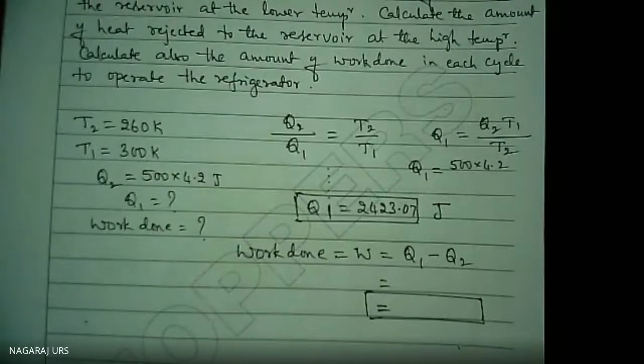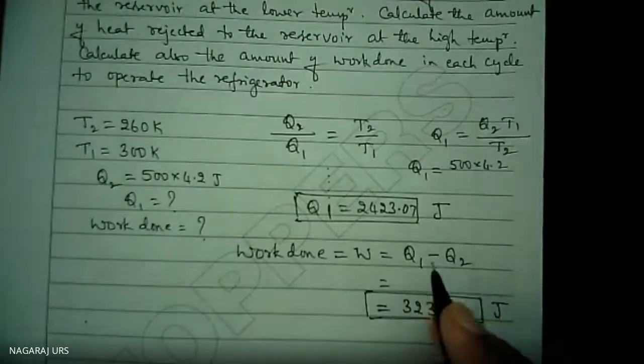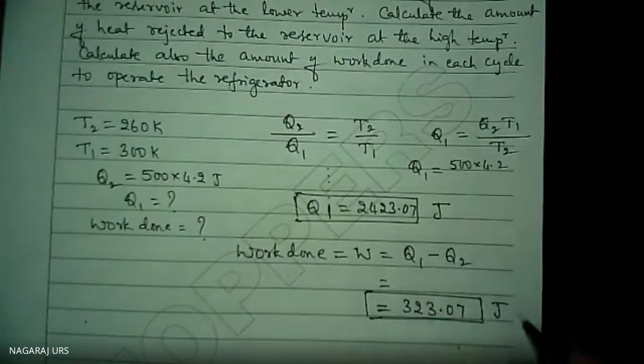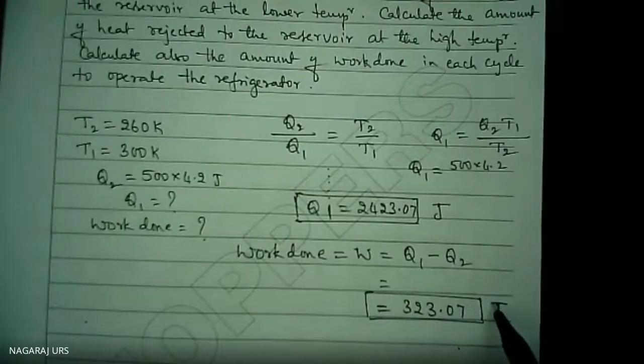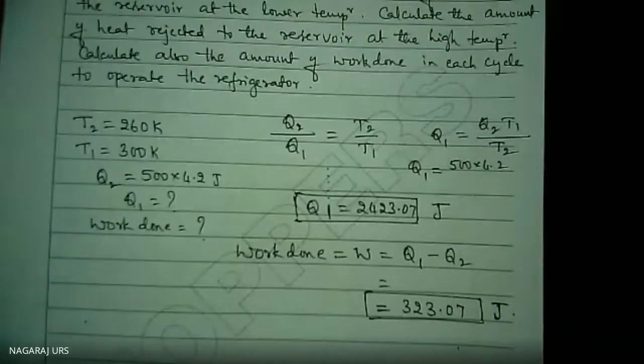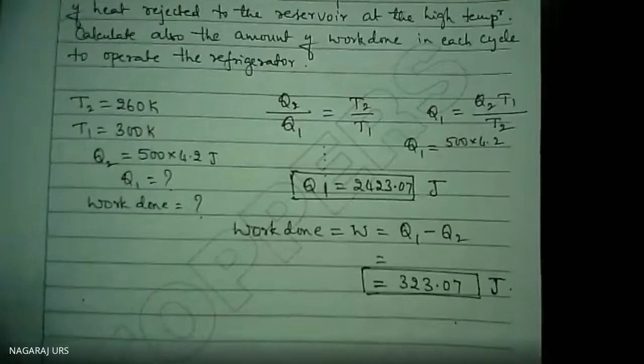What is the answer? 323.07 joules. Don't say joule minus joule; joule minus joule is so many joules. Understood?